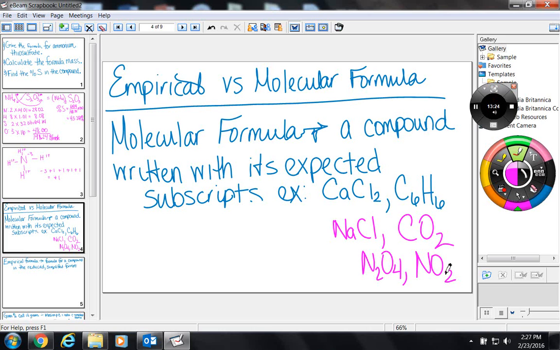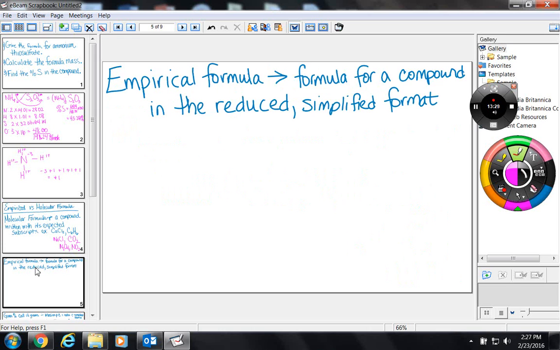An empirical formula is the formula for the compound in the reduced, simplest format. And you can solve for it 3 different ways.